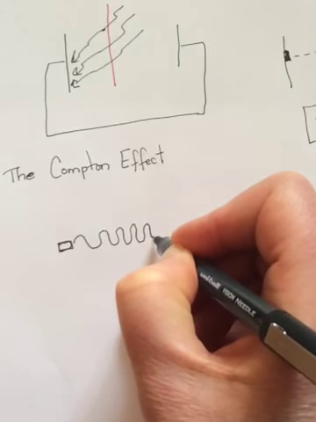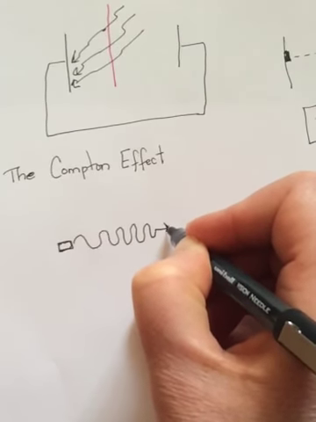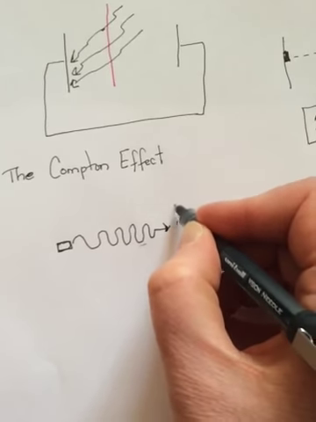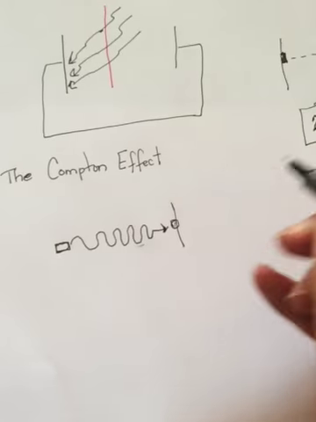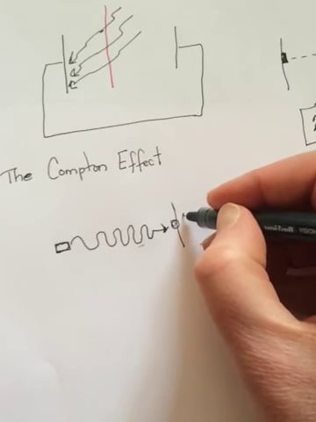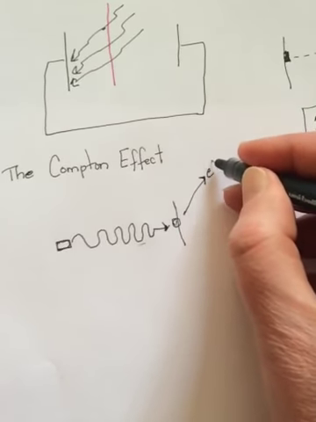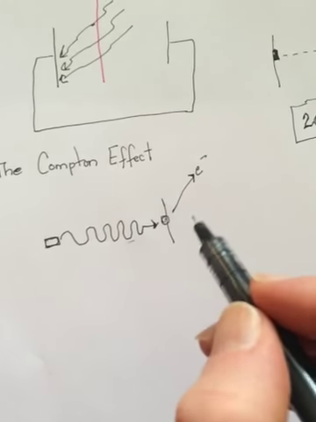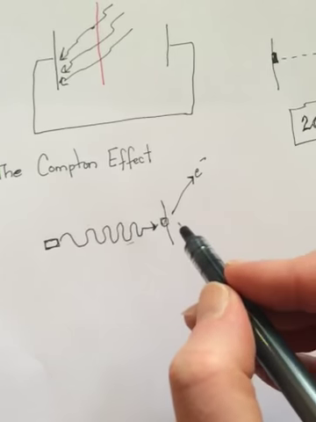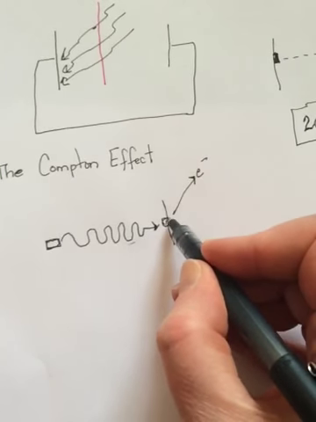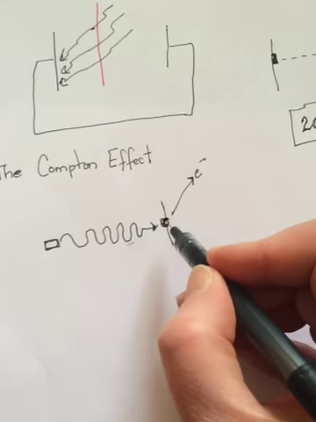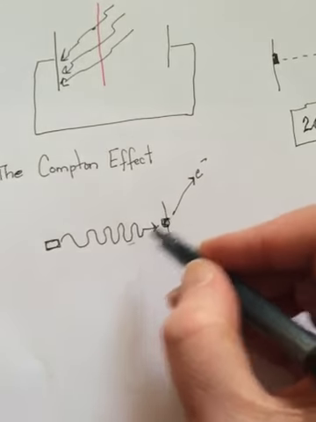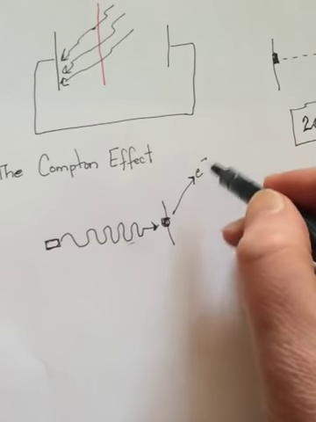So Arthur Compton took a high energy, short wavelength photon and shot it at a surface. And when he did that, he saw that an electron was emitted. And you have to stop and think about this. Remember, the law of conservation of momentum says that momentum can neither be created nor destroyed. So initially, this electron is sitting here on this surface, and then after the light hits it, the electron gets thrown off.